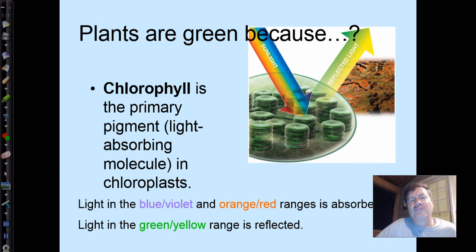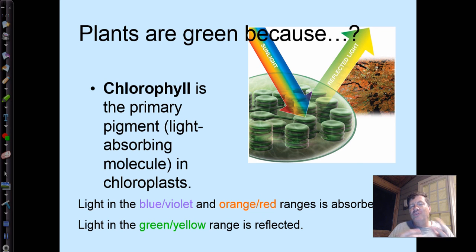So, why are plants green? Maybe you've never thought about that, or maybe you have some sense of the answer. The reason they're green is they contain a pigment, basically a molecule that captures energy. What this pigment does is it captures what's called the blue, violet, and the orange, red light of the sun, and it kind of bounces out green and yellow.